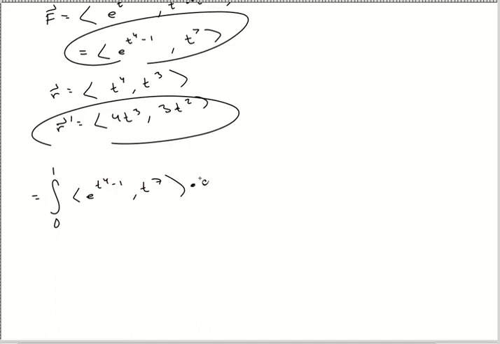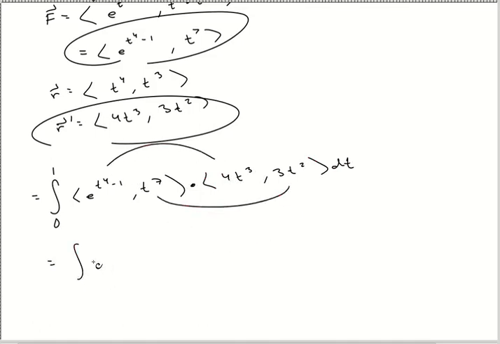So many lines going on. 4t cubed, 3t squared, dt. So these guys are going to multiply, and those guys are going to multiply. 4t cubed times e to the t to the 4 minus 1, so I'm multiplying those two together, then plus 3t to the 9th, dt, 0 to 1.